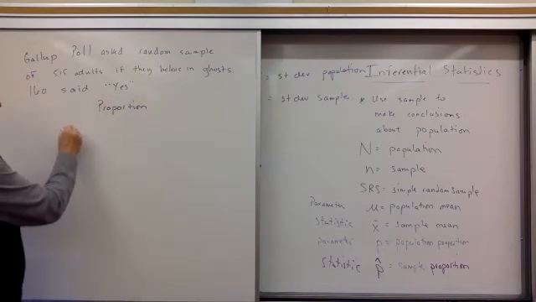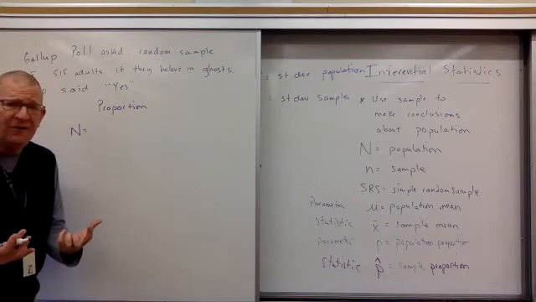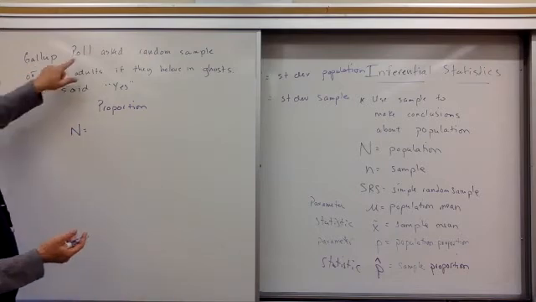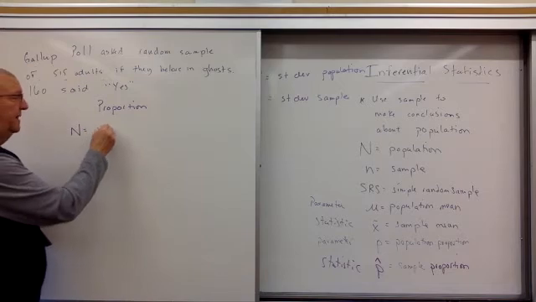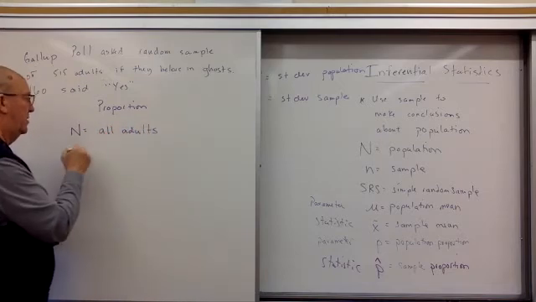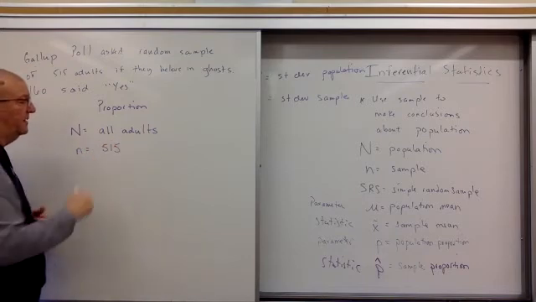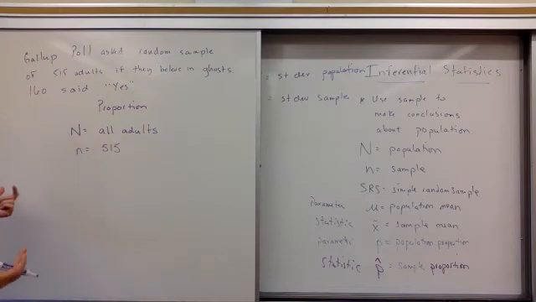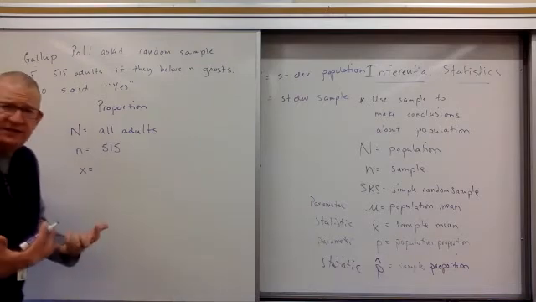Let's identify the big N. Now, do we know the numerical value for N? No, we don't. But what is it? All adults. What's our sample? Our sample is 515. Okay, so what happened? In a proportion problem, we often call X the desired outcome.